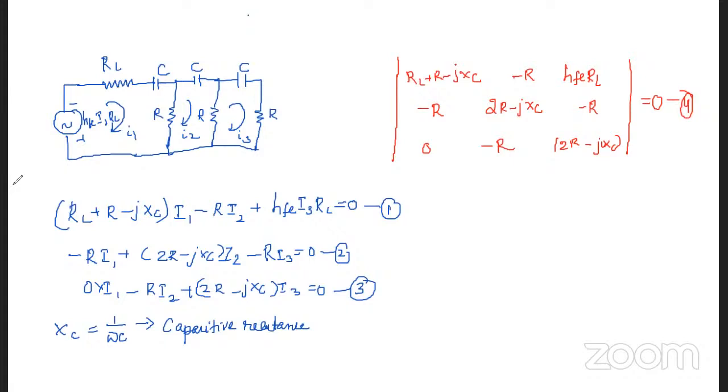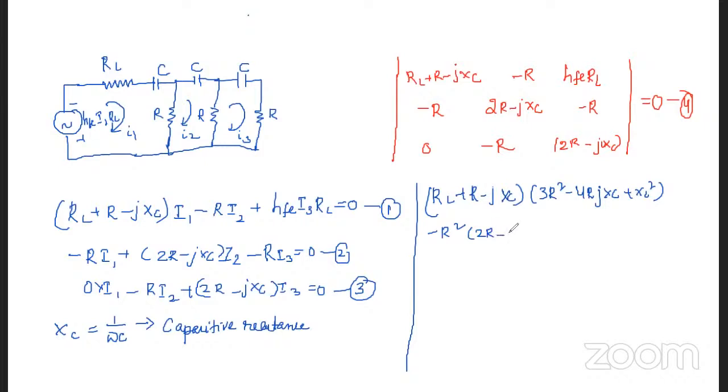Now we will write out the values of this determinant equation. Applying this, the first term is RL plus R minus jXC into 3R square minus 4R jXC plus XC square, minus R square into 2R minus jXC, plus the third term hfe into RL into R square, which is equal to 0.